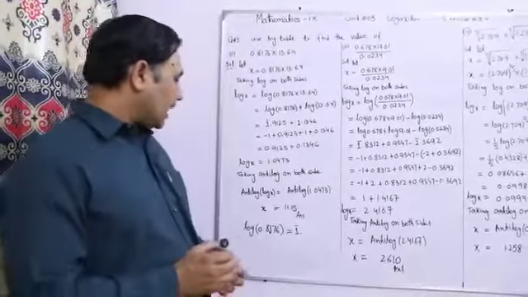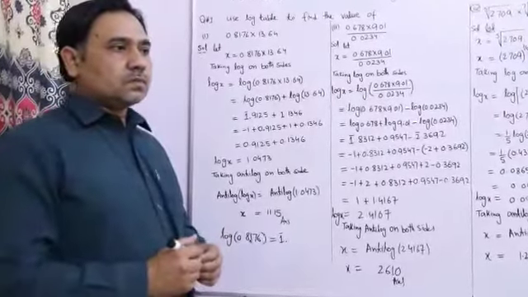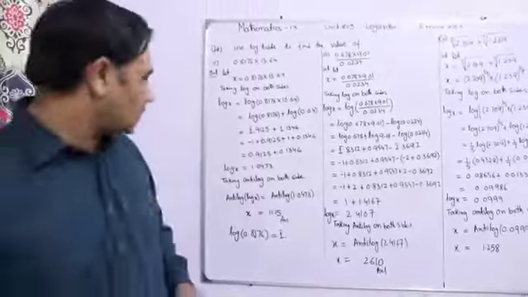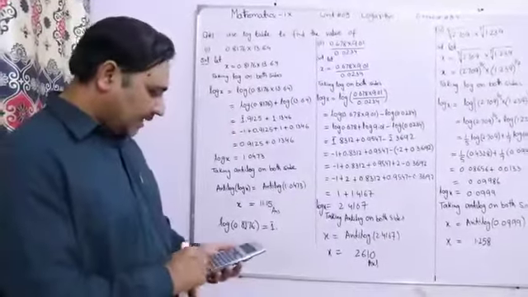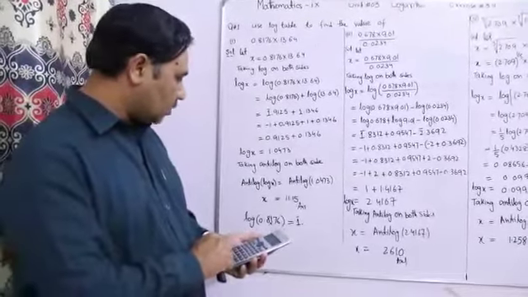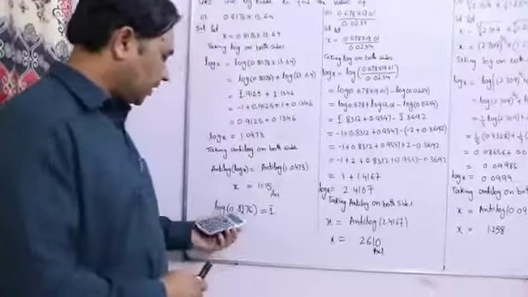So how can we find the mantissa of this? By using the calculator, just click log and write 8176 without the decimal point.